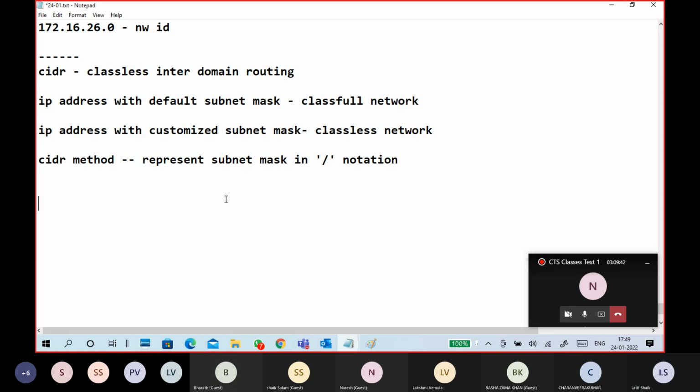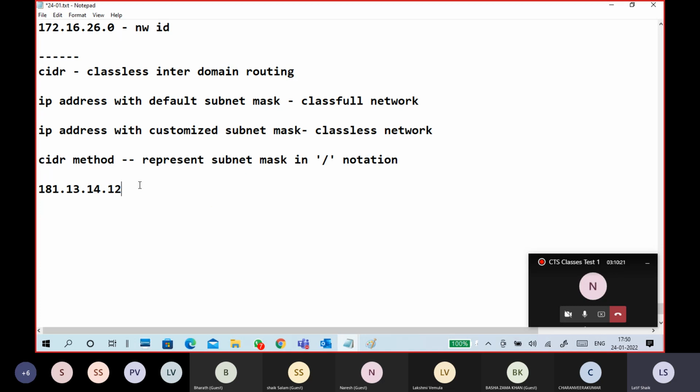Guys, remember, I gave some IP address, for example 181.13.14.12. This is my IP address, which is class B, and I didn't tell you its subnet mask. So it is a classful network only.